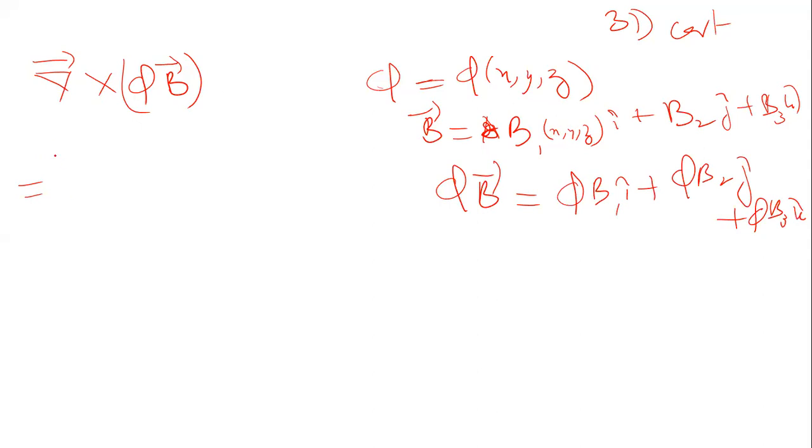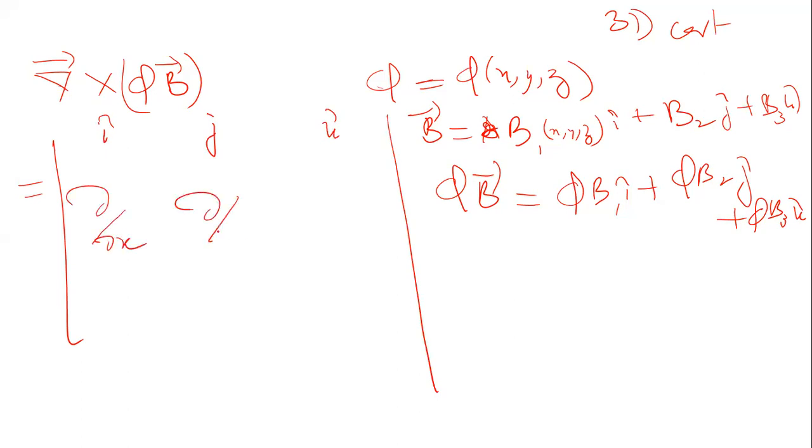So this will be the determinant with i, j, k, then del upon del x, del upon del y, del upon del z, and the first row of phi B is phi B1, phi B2, phi B3.